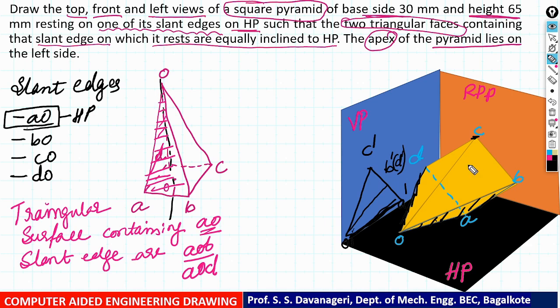When you look from the top side to get the top view, the top slant edge is clearly visible.